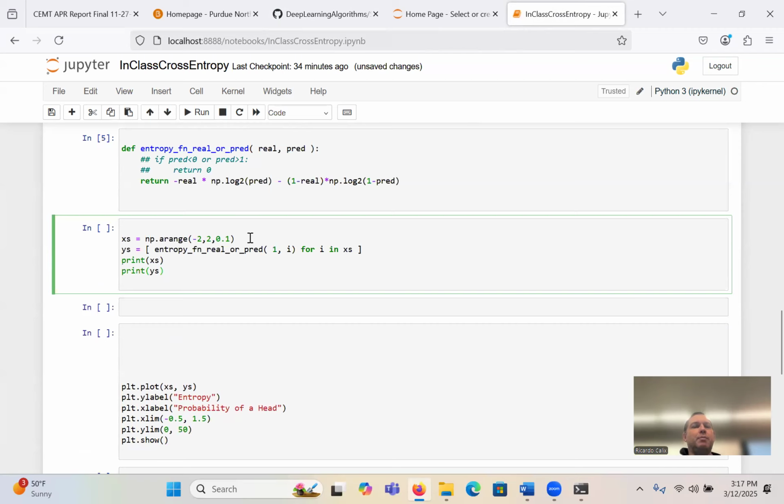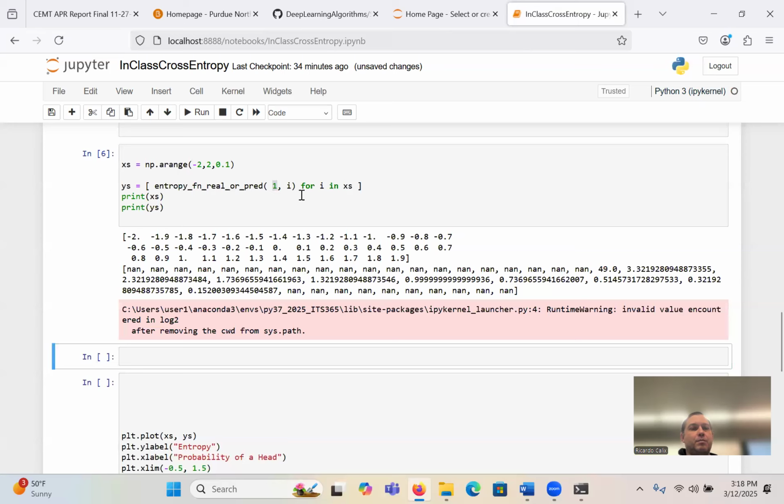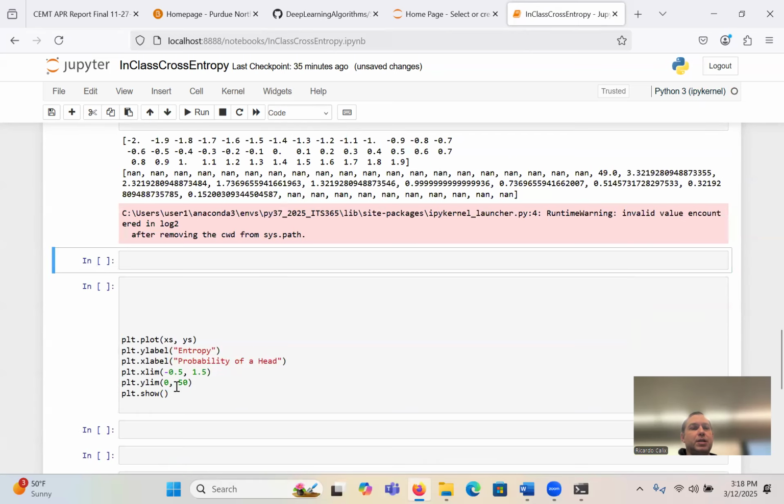I'm going to say the X range is going to be from -2 to 2 with a step size of 0.1. Then I take all those values and run them through my cross entropy function, but for only the cases where the real label is 1 in this binary problem. And then I'm just going to plot it.